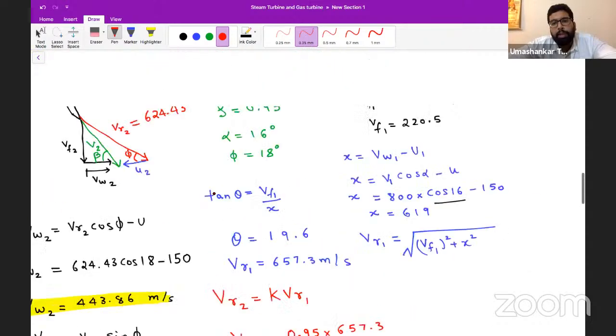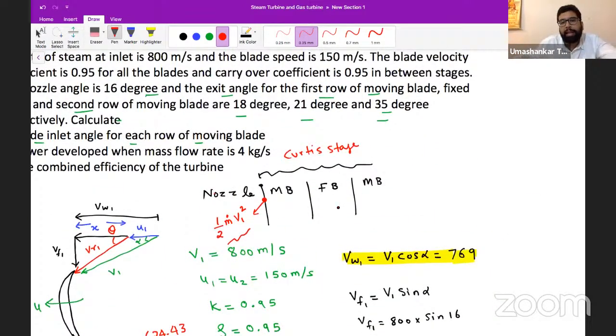Okay. So let's come here. The exit angle of this fixed blade will be the entry angle to this moving blade, or the guide blade angle or the nozzle blade angle of this moving blade, not this moving blade. This moving blade's nozzle angle will be decided by this.